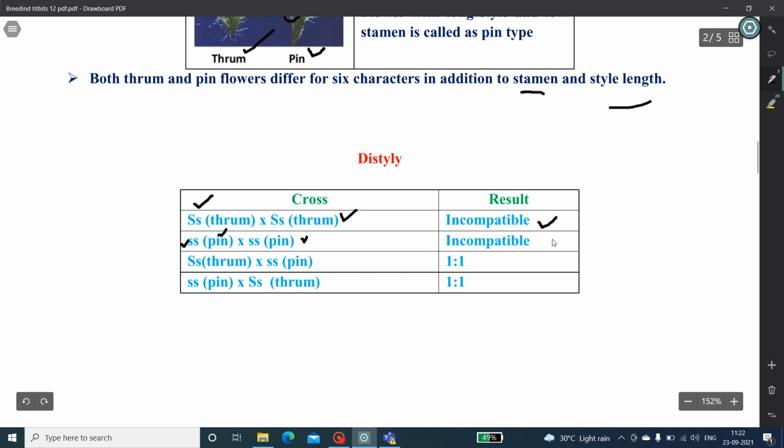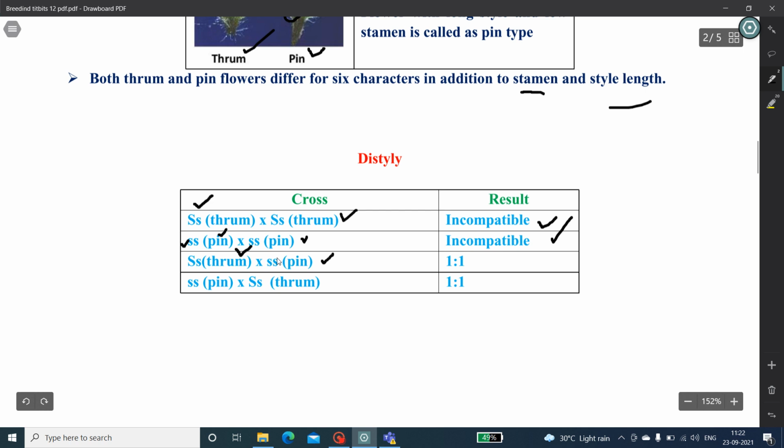If different genotypes are pollinated, like the capital S small s thrum pollen falling on the small s small s pin, or small s small s pin pollen pollinated on the capital S small s thrum, that is heterozygous and this is homozygous.